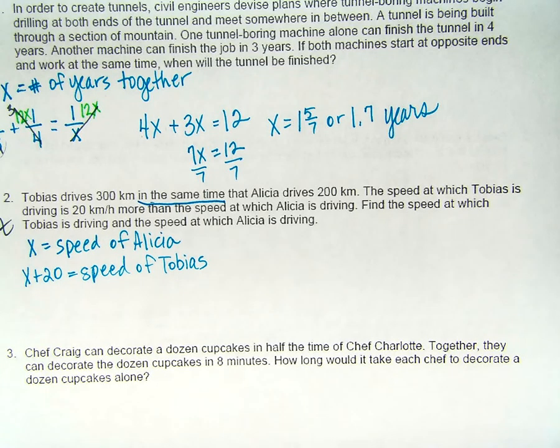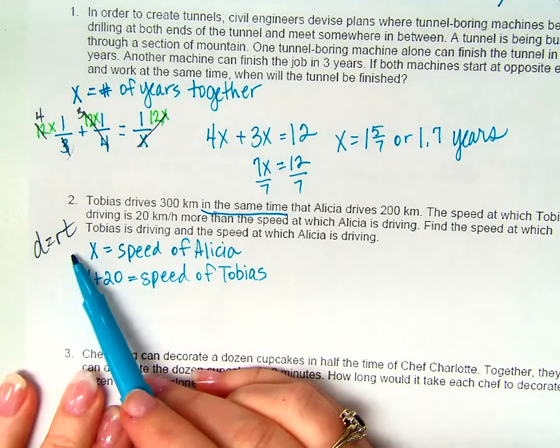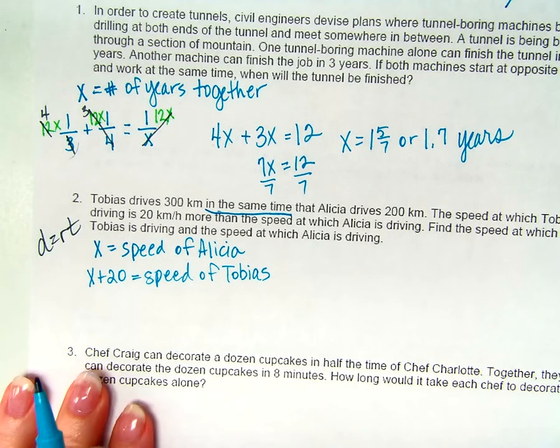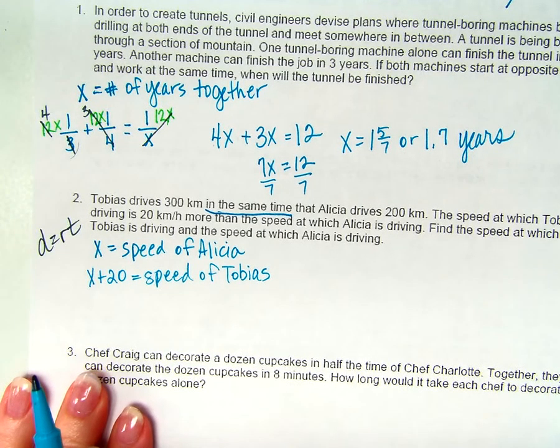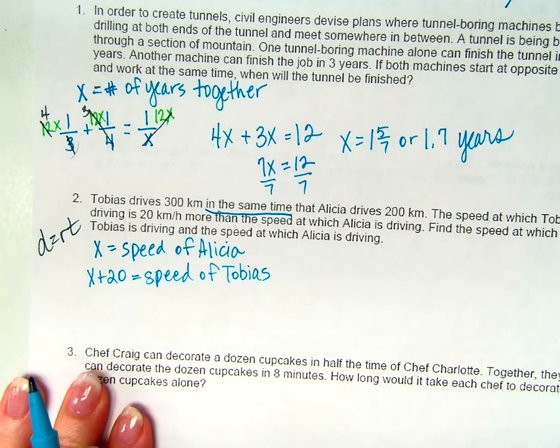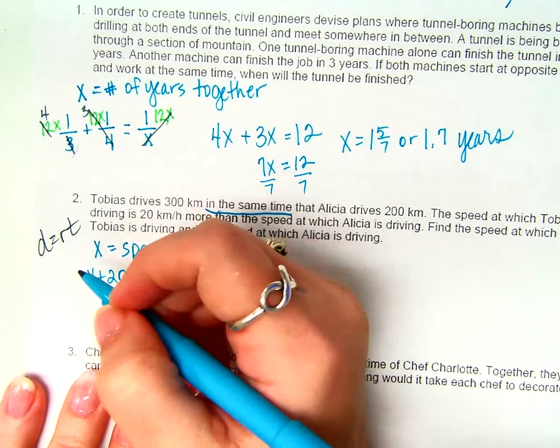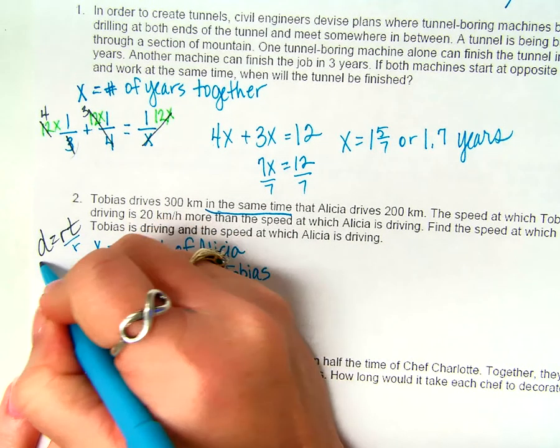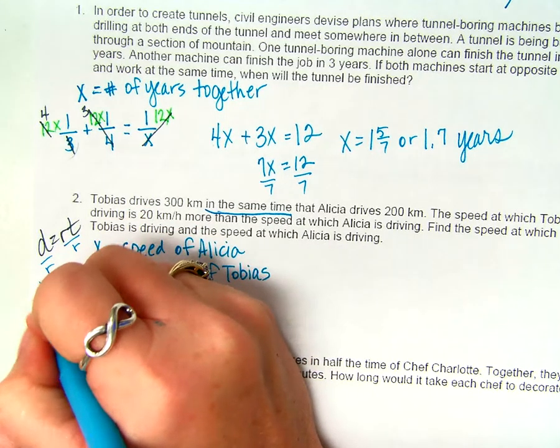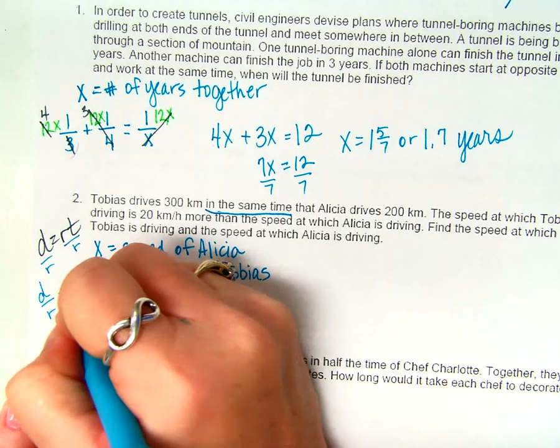So what's the same? The time. Well, it would be nice if this formula was solved for time, right? Is that something we can do? How would I do that? Very good. I divide both sides by r, and I would get d over r equals t.